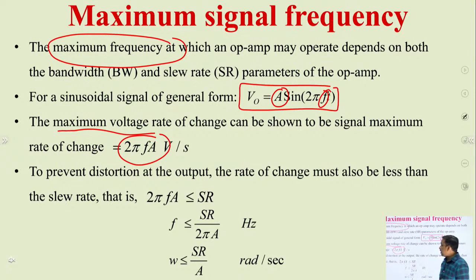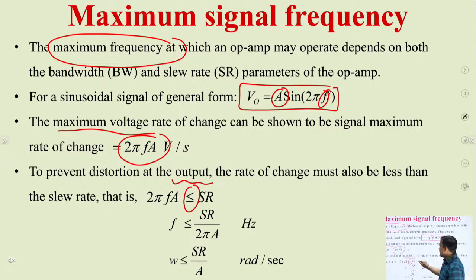To prevent distortion at the output, what is the condition? This rate has to be less than, or the marginal condition is it may be equal to the slew rate, but it cannot exceed the slew rate, because if it exceeds the slew rate, definitely there is some clipping in the output waveform.